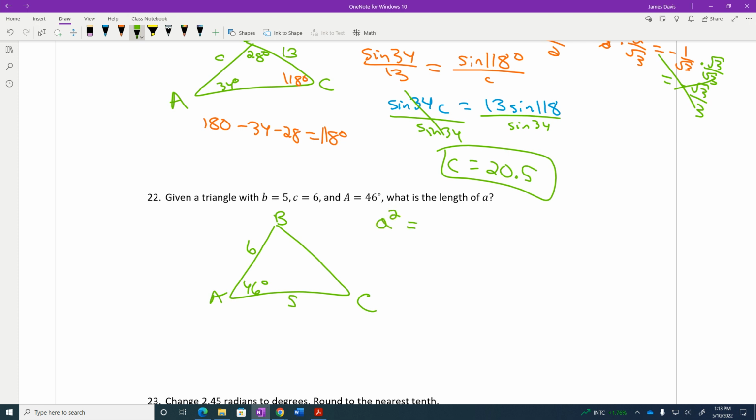Little a squared equals little b squared, which is 5, plus little c squared minus 2 times a b. Use the cosine of big A. Actually, sorry, we got that one. That's the number. 6.